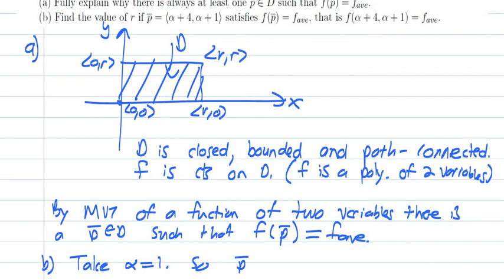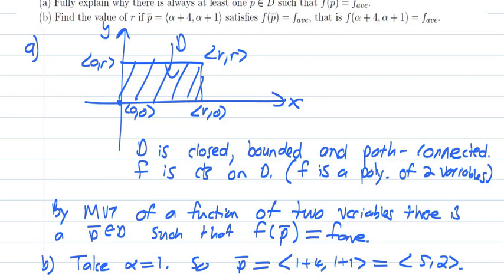So P will be the point (1 plus 4, 1 plus 1), so that will be the point (5, 2). All right, so you could have had a different alpha, but I'm taking alpha equal to 1, so if my alpha is 1, I have the point (5, 2).